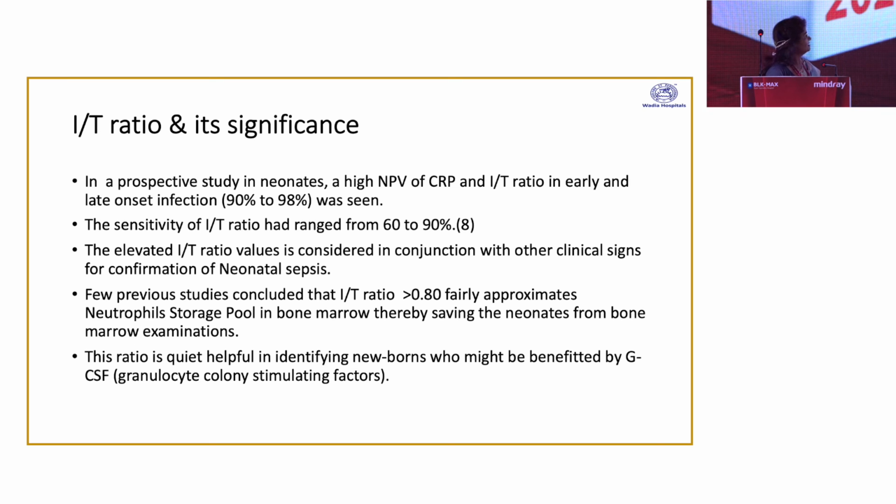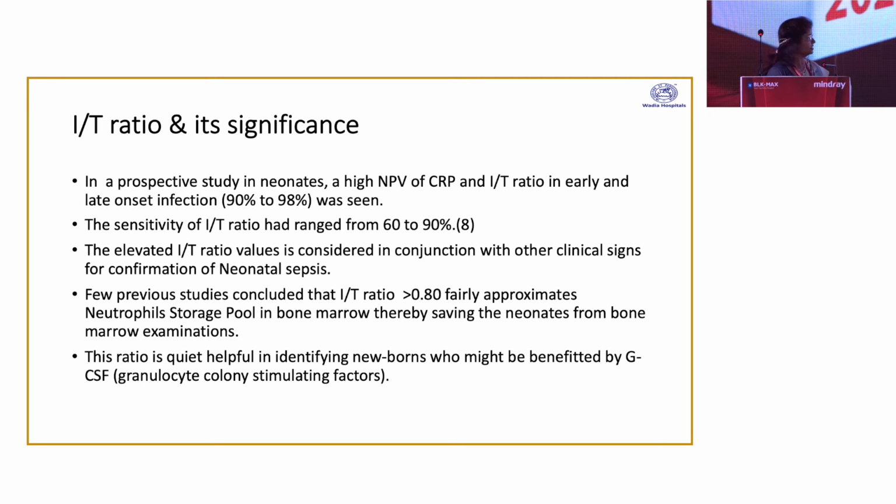In prospective studies in neonates, it is generally found that the negative predictive value of CRP and IT ratio in early and late onset infection is up to 90 to 98%. The sensitivity of the IT ratio has ranged from 60 to 90% as per the literature. Elevated IT ratio values are considered in conjunction with other clinical signs for confirmation of neonatal sepsis.